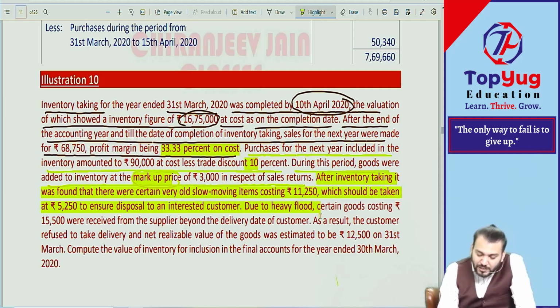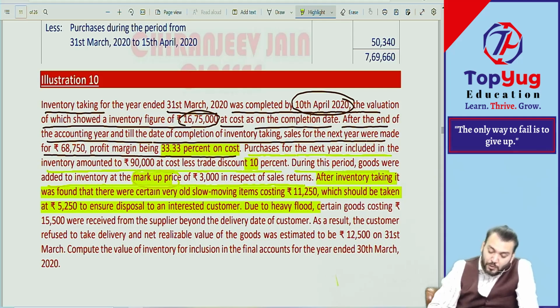Due to heavy floods, certain goods costing rupees 15,500 were received from the supplier beyond the delivery date of customer. As a result, the customer refused to take the delivery and the net realizable value of goods was estimated at 12,500 on 31st March.